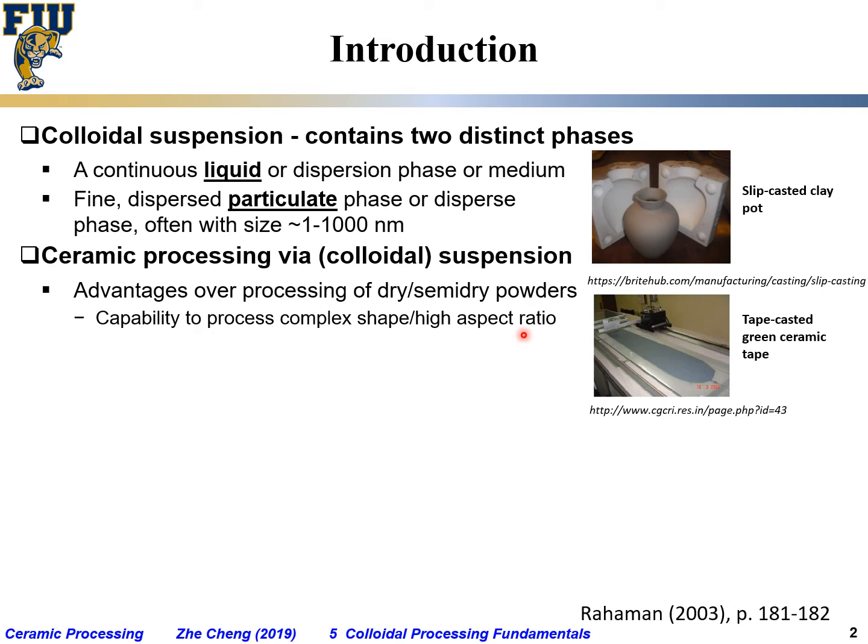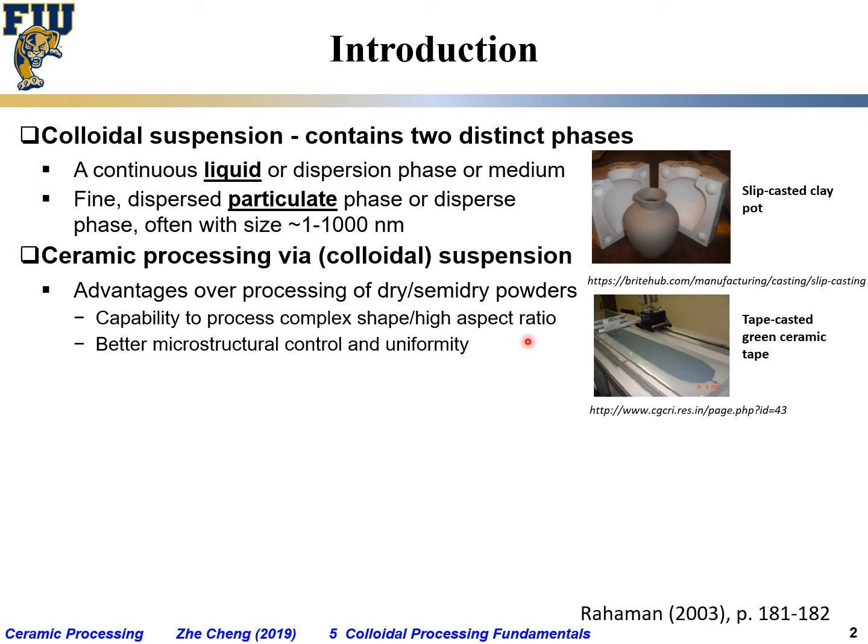Okay, I can slip cast. I can disperse the solid into a liquid phase and then shape them and then sinter or heat treat them to get the shape. Or I can get high aspect ratio. It's very difficult mechanically to press something into 10, 20 microns, but I can do slip or tape casting to get a thin layer.